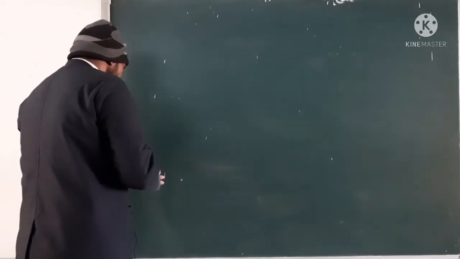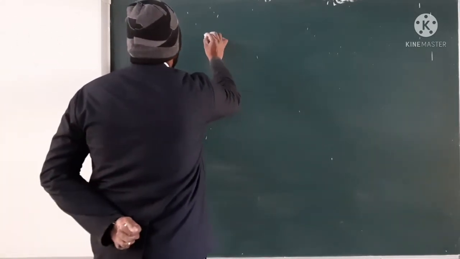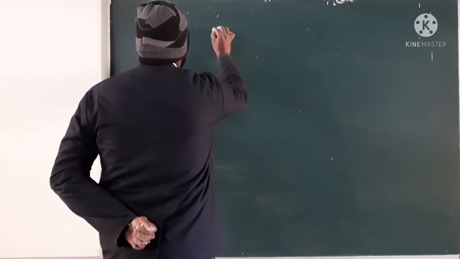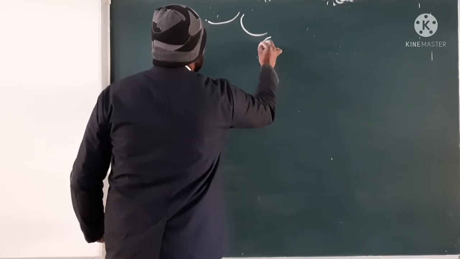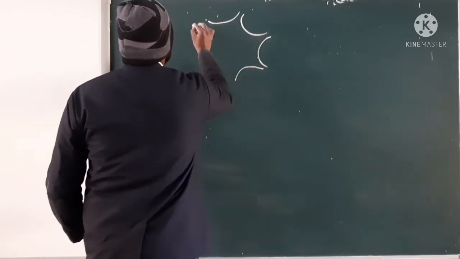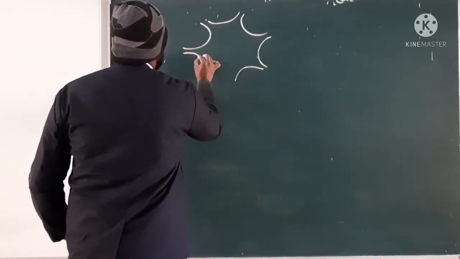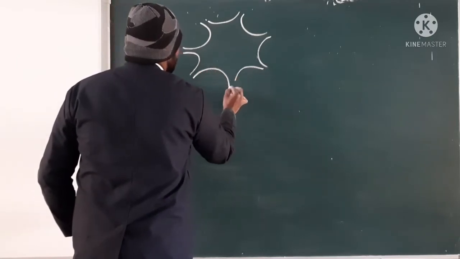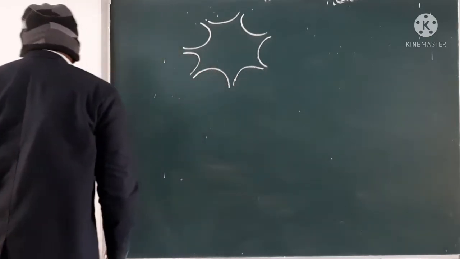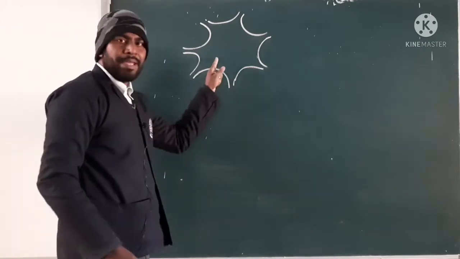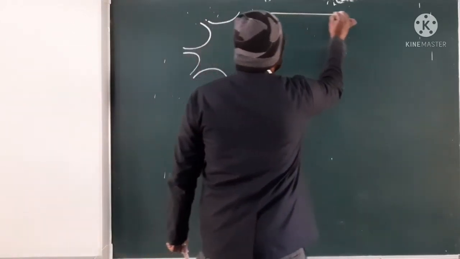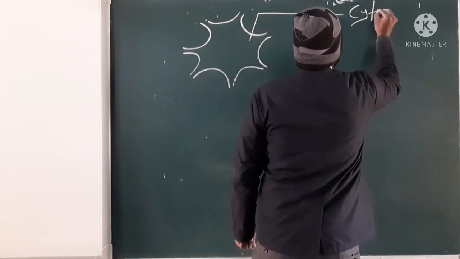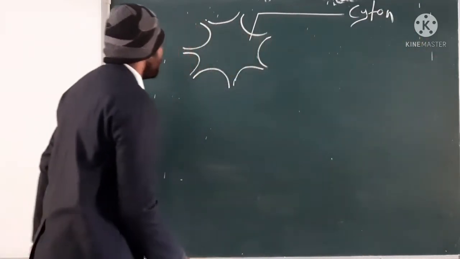So when we talk about the structure of neuron, beta, its main body is made up of cyton. So here I am going to draw it. See bachon, how I have drawn this diagram. So this is the main body of neuron, which is called cyton. We are writing here cyton, beta.